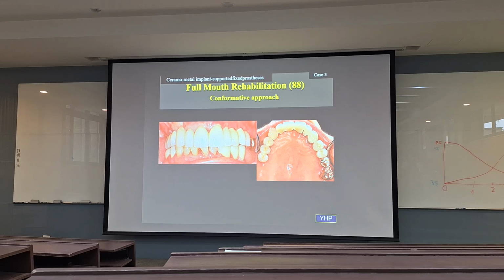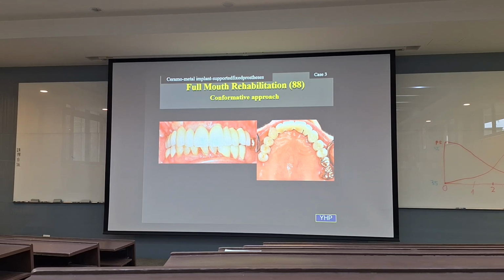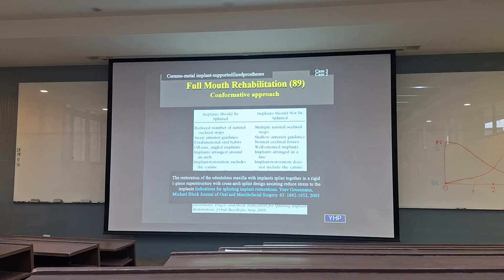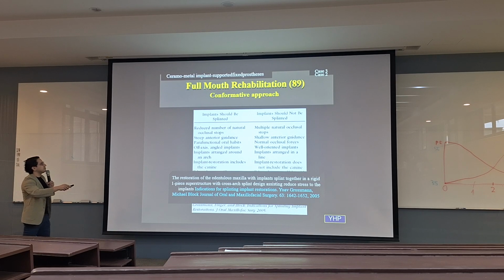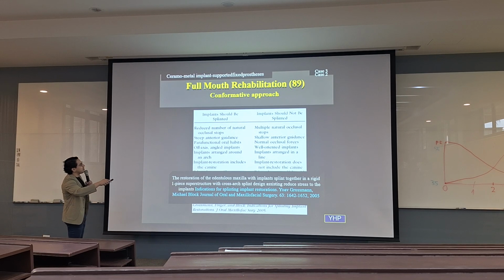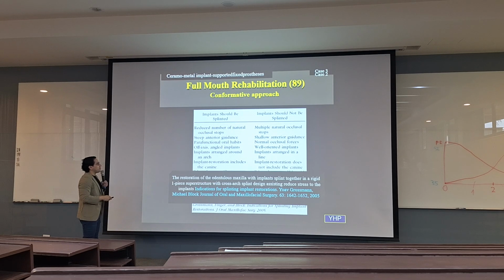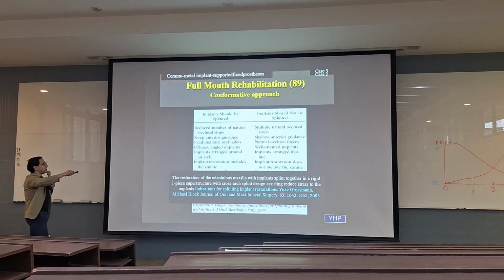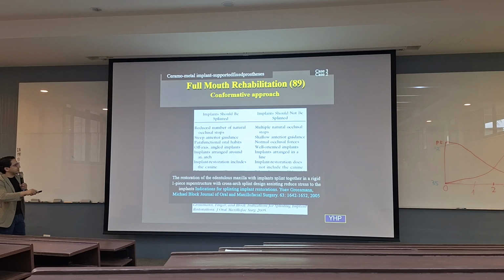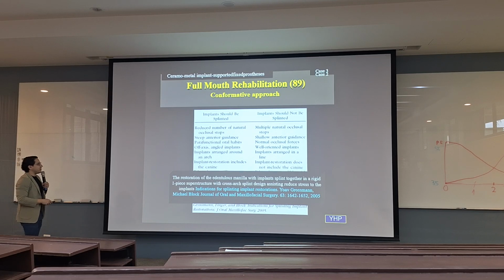In these kinds of cases, yes, if you use retained, it will be so much better than just cemented. And of course, dental implants can only be splinted if you have a reduced number of natural occlusal stops, steep anterior guidance, parafunctional oral habits, or off-axis angled implants.